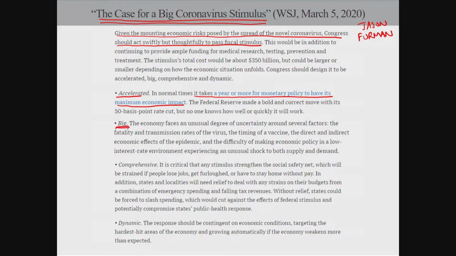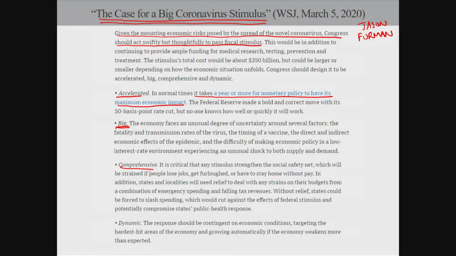Also, it should be big, given the large amount of uncertainty around the virus. It should be something that really gets people's attention. If it's only like $50 per taxpayer, it's not going to have much of an impact. It should be comprehensive, and this is his proposal, that it should strengthen the social safety net to differentially benefit people with lower incomes.